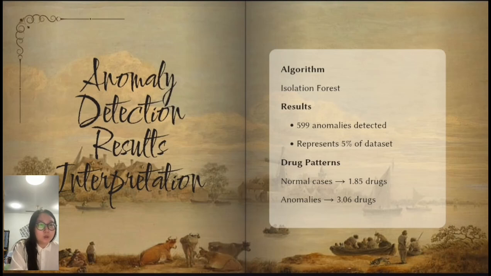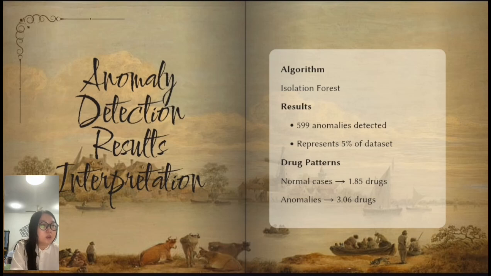Next, I will explain the results of the anomaly detection analysis. In this part of the project, our goal was to identify unusual cases in the dataset. For this task, we used an algorithm called isolation forest.